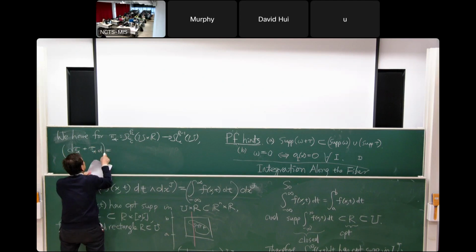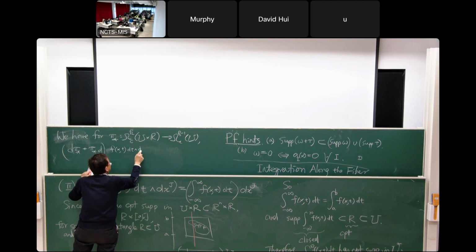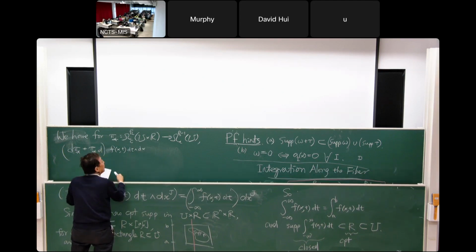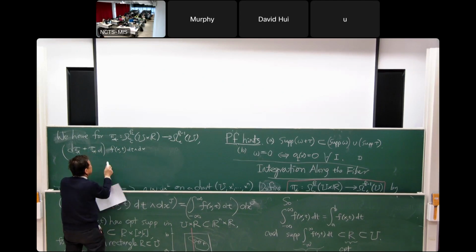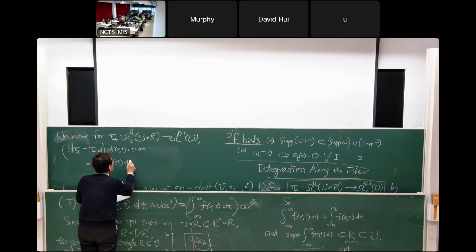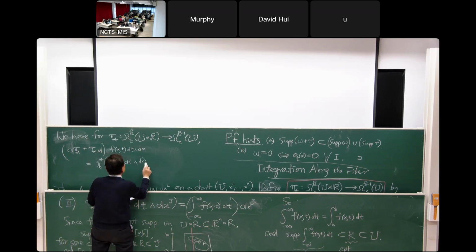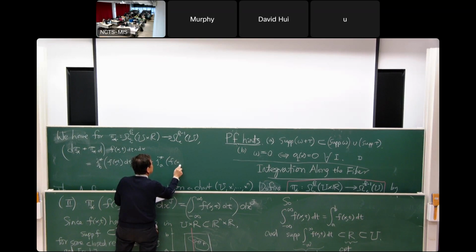So if you apply it to a particular f, you will get JB star of f minus JA star of f.